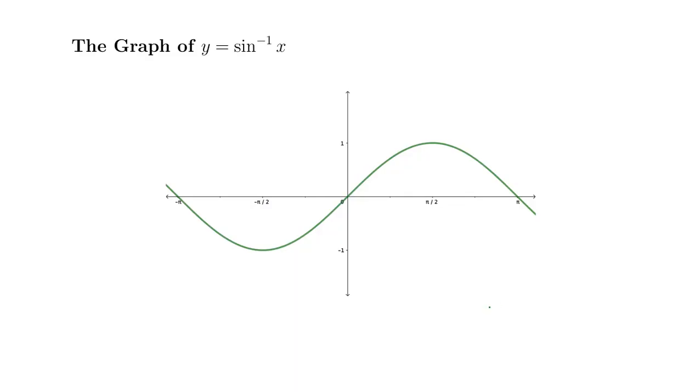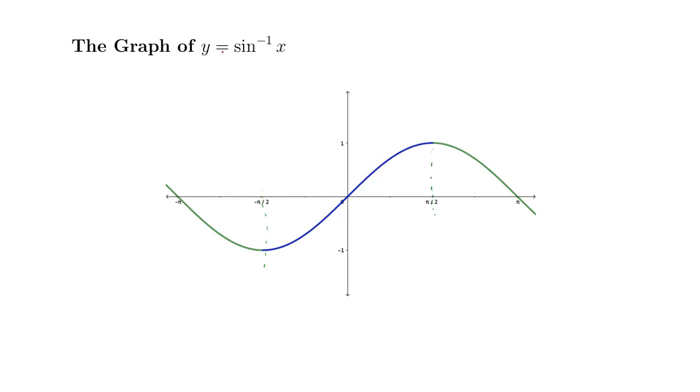So let's start with our graph of sine of x. I've just plotted this between negative pi and pi so we can see one period of this thing. And so clearly, if we kept going, this thing is not 1-to-1. So what we're going to do is restrict just between negative pi over 2 and pi over 2. I've got that in blue. Hopefully you can see that.